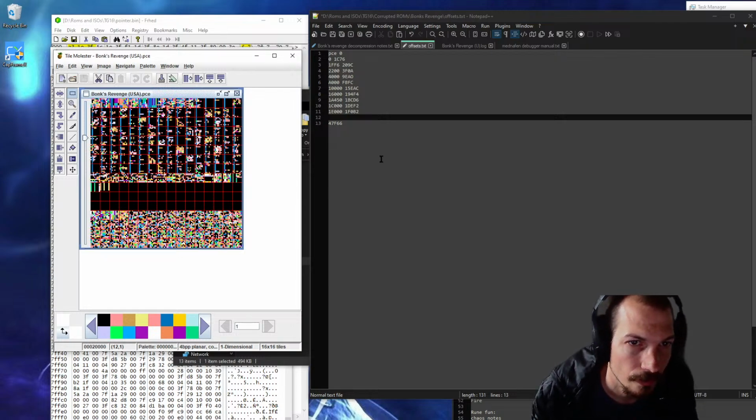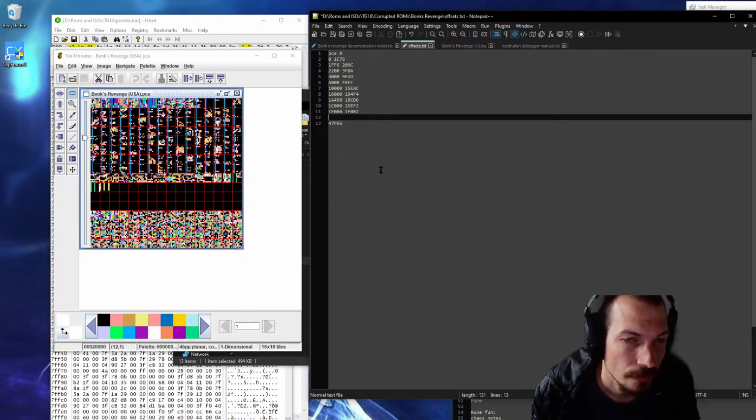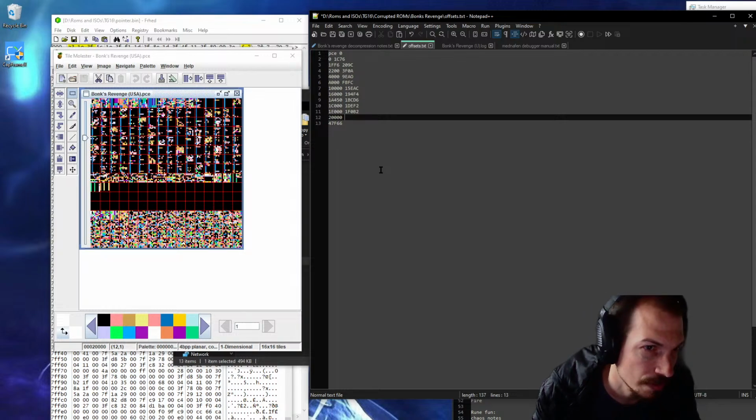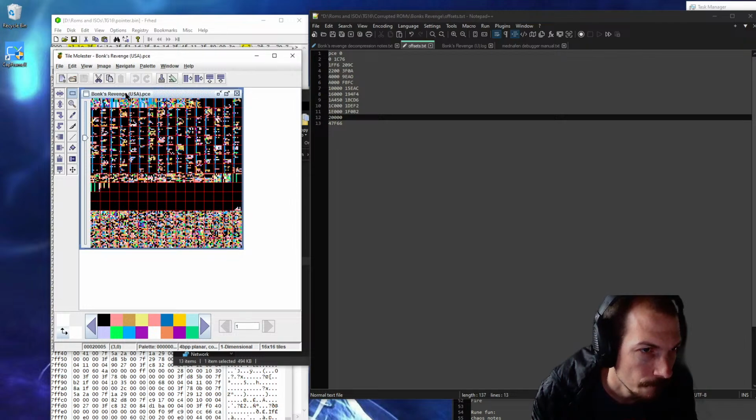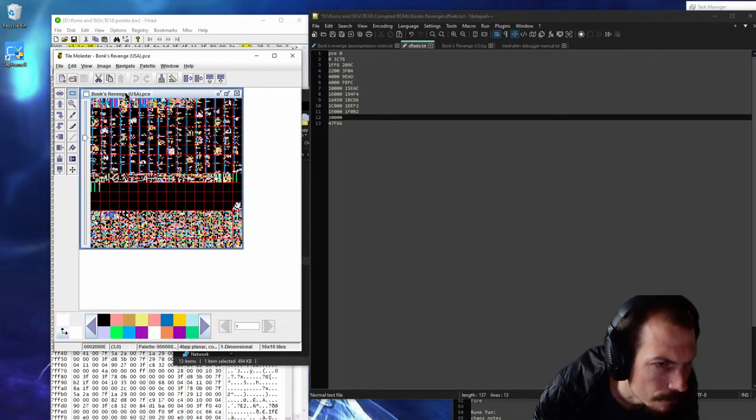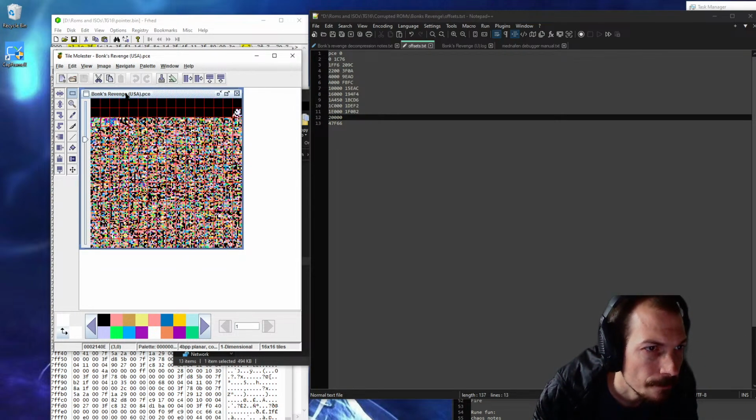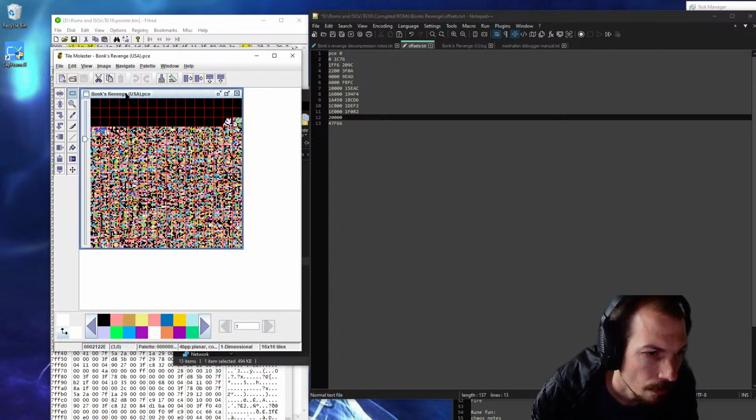Interesting. So of course this is like a 2,000, or 20,000 rather. This is actually kind of weird because this isn't bank aligned, so that's different. Twenty-one, 22, 21, 22E.